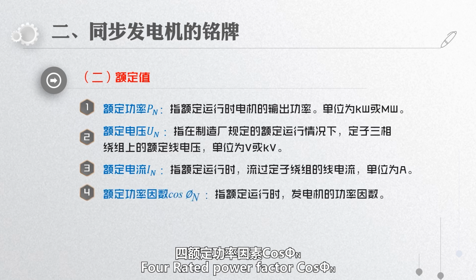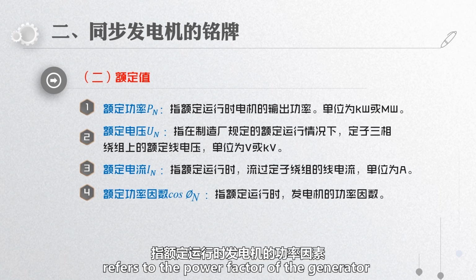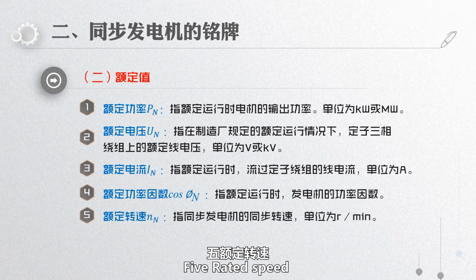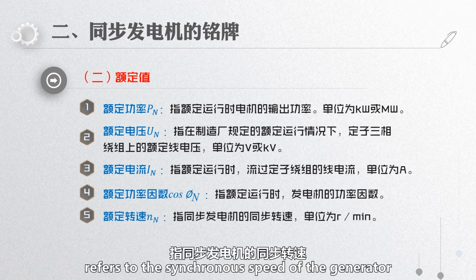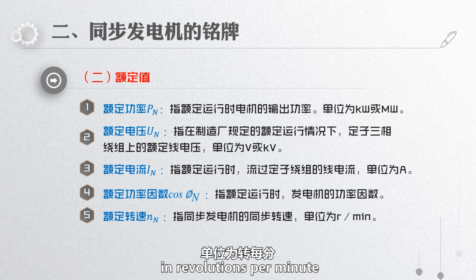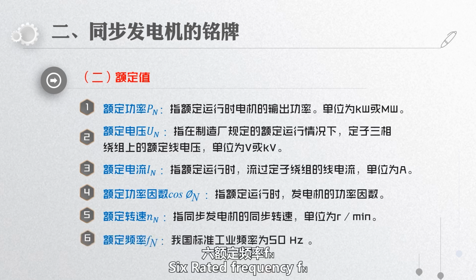4. Rated power factor cos φN refers to the power factor of the generator under rated operating conditions. 5. Rated speed refers to the synchronous speed of the generator in revolutions per minute. 6. Rated frequency fN.